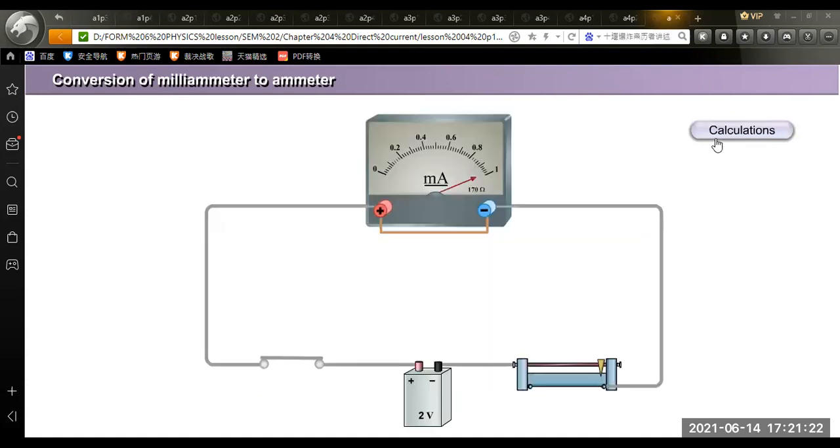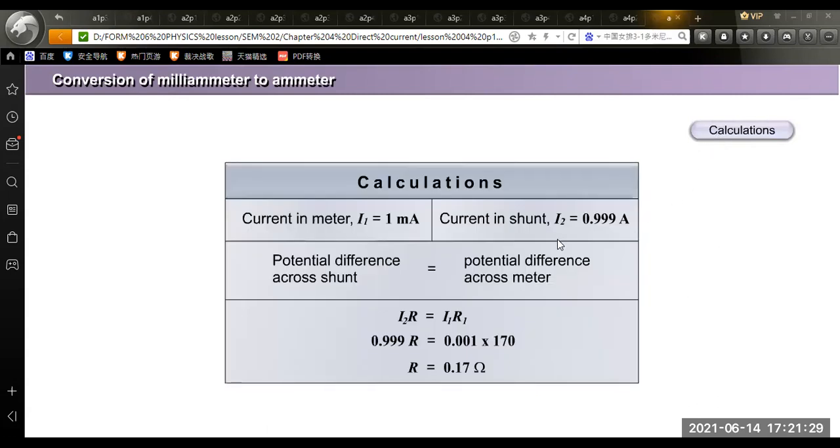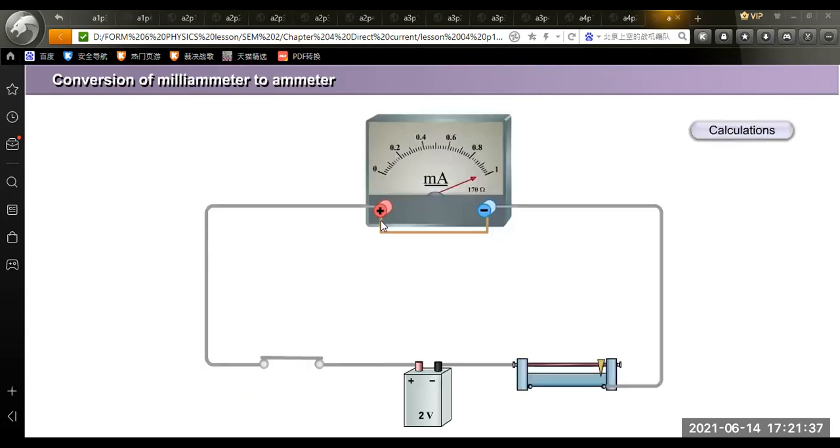So here, this will be the shunt. From here, the potential difference across the shunt will be equal to the potential across the milliammeter. How much are they? That is 2 volt.